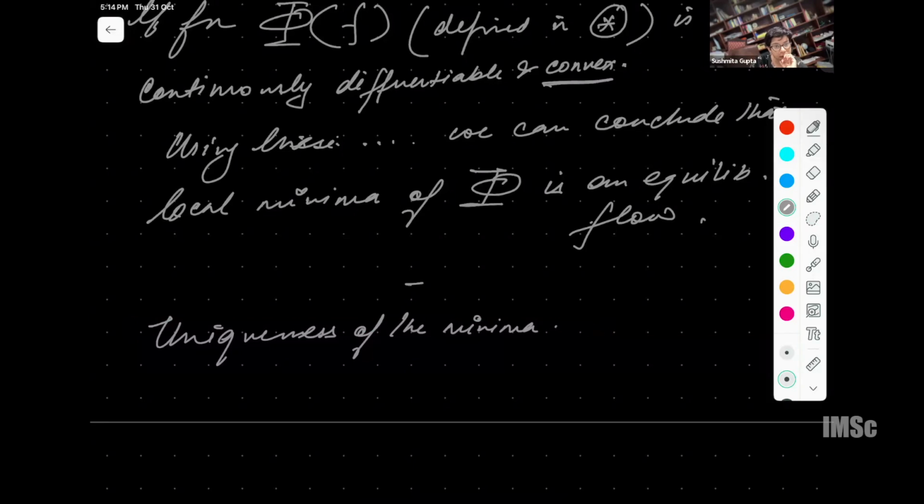So each of the local minima are equilibrium, right? That's what I'm claiming.